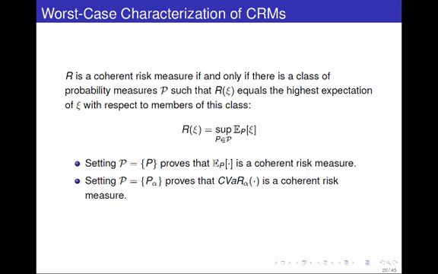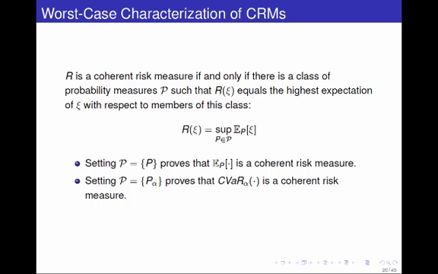There's a theorem that says you come up with any scoring rule you like, and let's call it capital R. So it's a scoring rule for lotteries. It may or may not be coherent, depending on what your rule is.